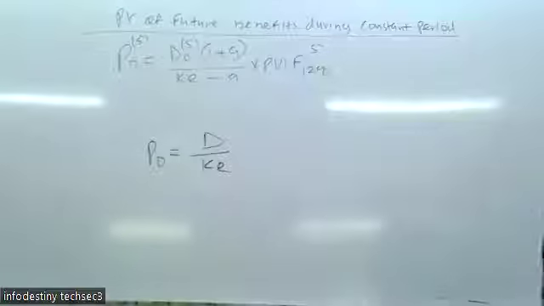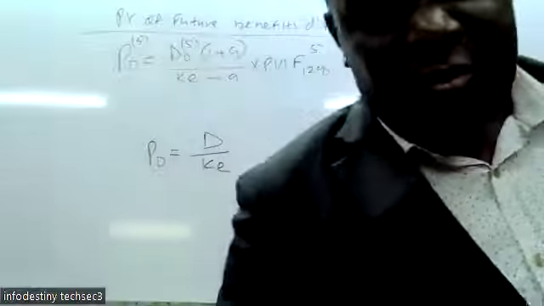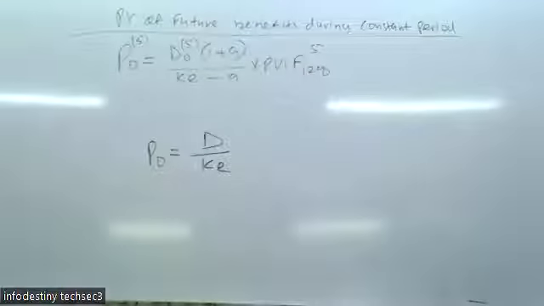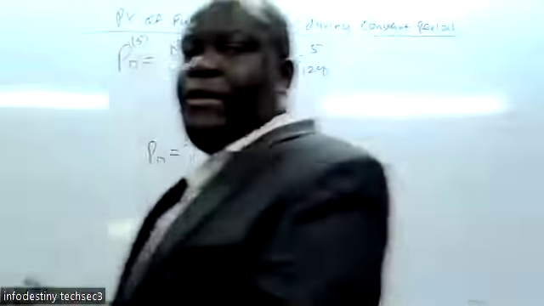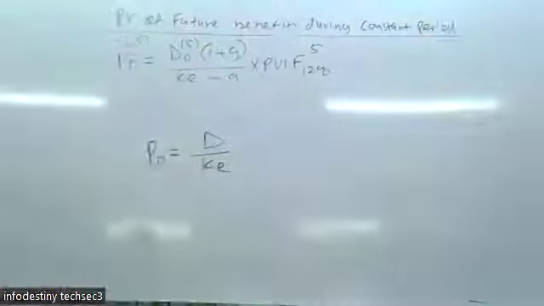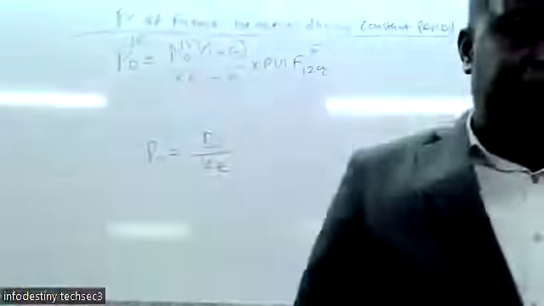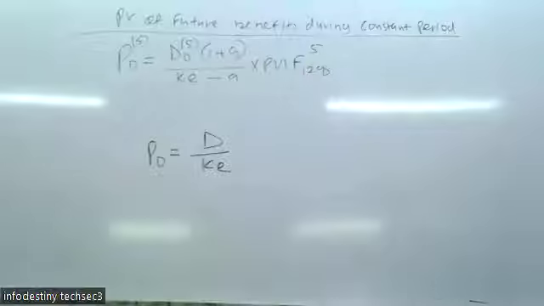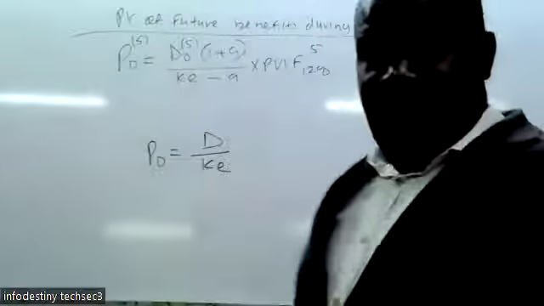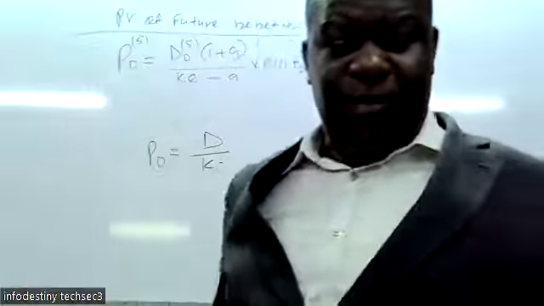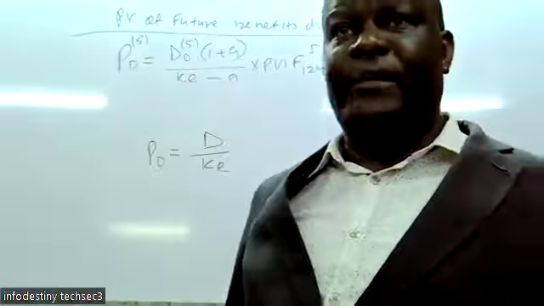So when you want to get the value of that share, D is the dividend per share, KE is the cost of the ordinary share. So that's how you are to calculate. So what you do, simply get the dividend, divide by KE. That will give you the value of that ordinary share. So that is now the conclusion on the valuation of the ordinary shares.